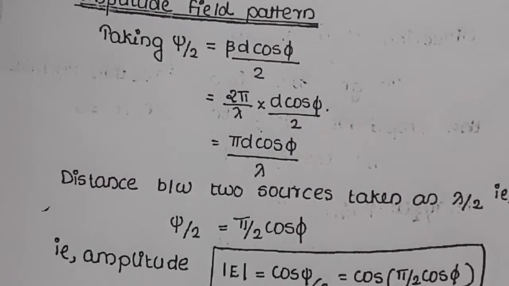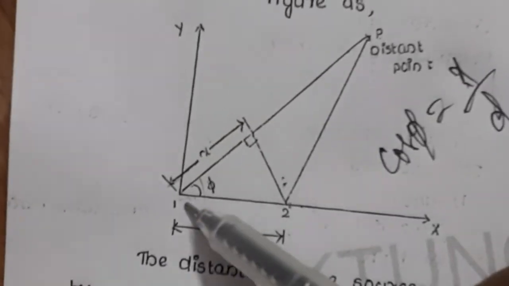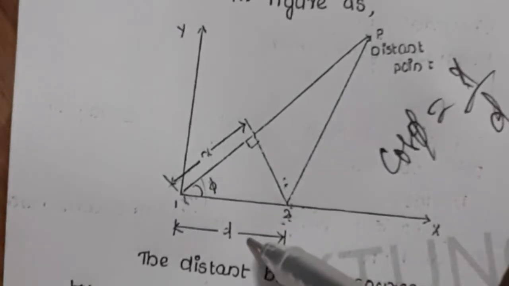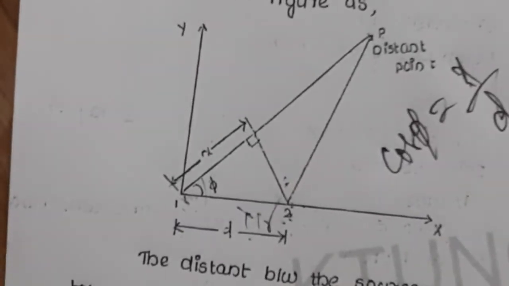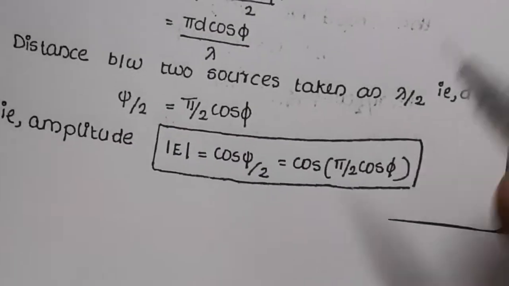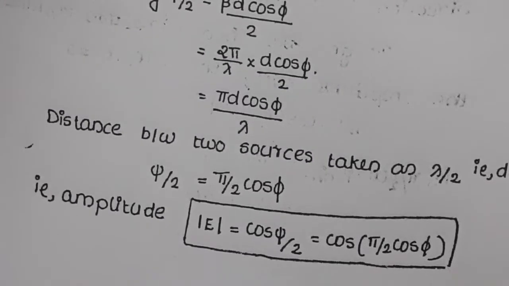Now the distance between the 2 point sources will be taken as lambda by 2. That means if you consider two source points, source 1 and source 2, the distance between these 2 points is d, but we say it is lambda by 2.